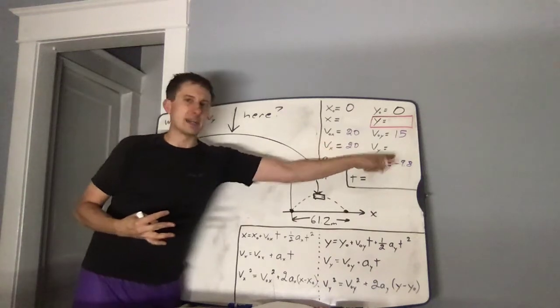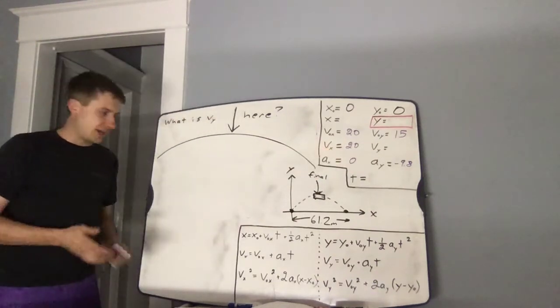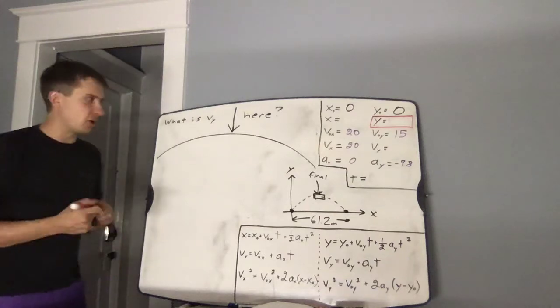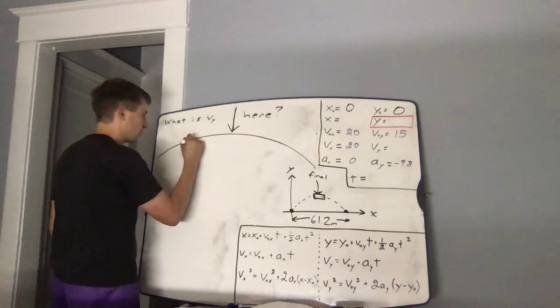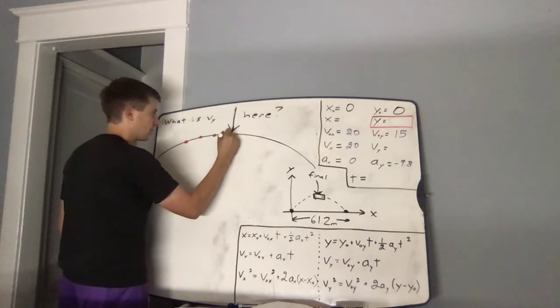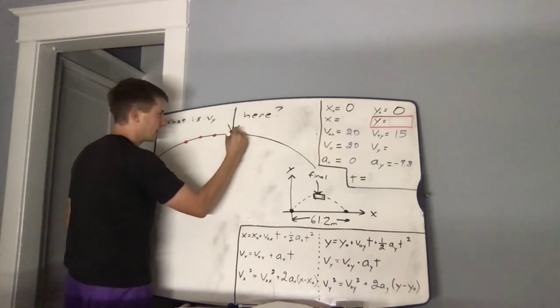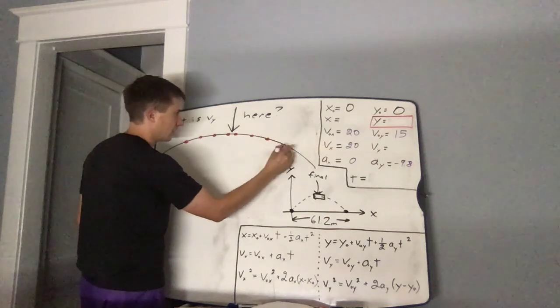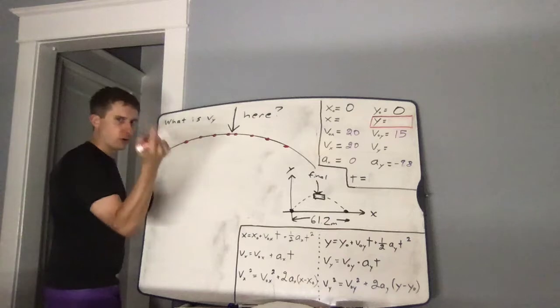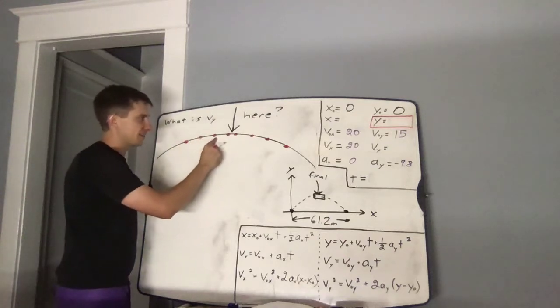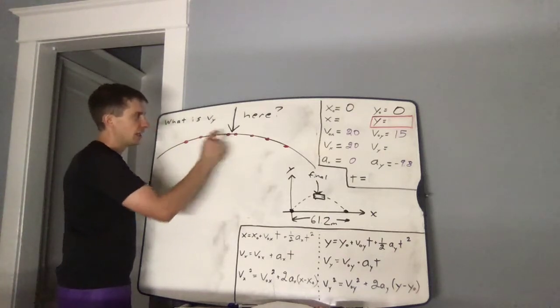But what is Vy? Well, let me draw the position of the ball at a few moments, like a few snapshots. So here is the ball, then it's here, then it's here, then it's here, then it's here, then it's there. Okay. From here to here, you could see the ball move upward. Here to here, it moves up less. Here to here, it moves up less still.